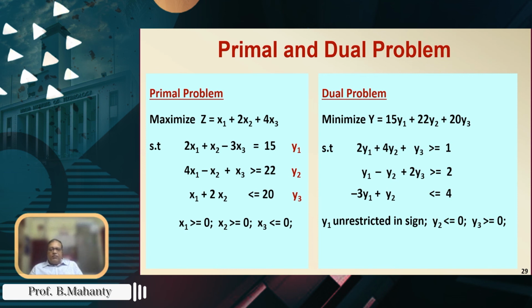I have also very briefly introduced the complementary slackness idea, right? Complementary slackness is a very, very important concept in duality, and we shall take it up in a big way in the subsequent classes, and also the various duality theorems, right?